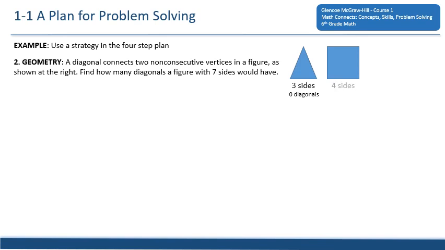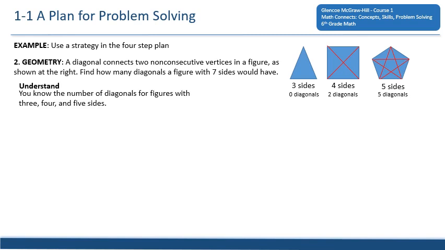We have a square with 4 sides, and it has 1, 2 diagonals. Pentagon, 5 sides, 1, 2, 3, 4, 5 diagonals. So understand, you know the number of diagonals for figures with 3, 4, and 5 sides.